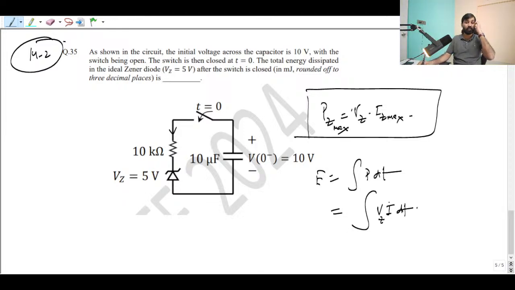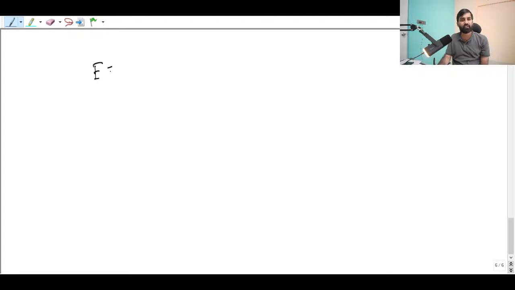We don't know this current at this moment, and this VZ is constant. So energy is going to be VZ outside, and integral 0 to infinity of IZ dt. Guys, can you recall what this is?